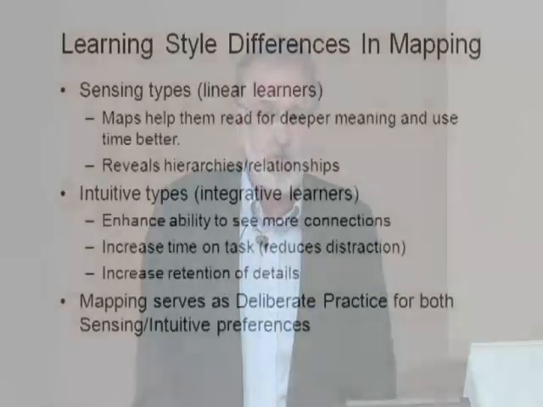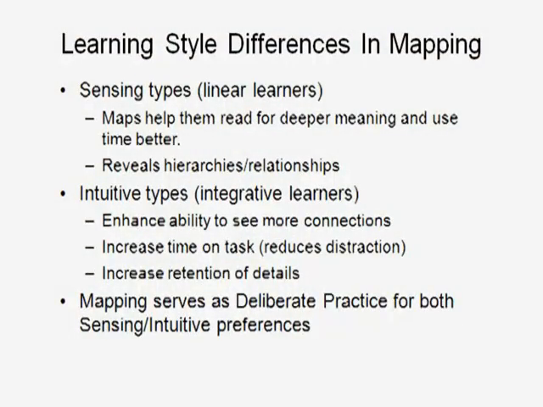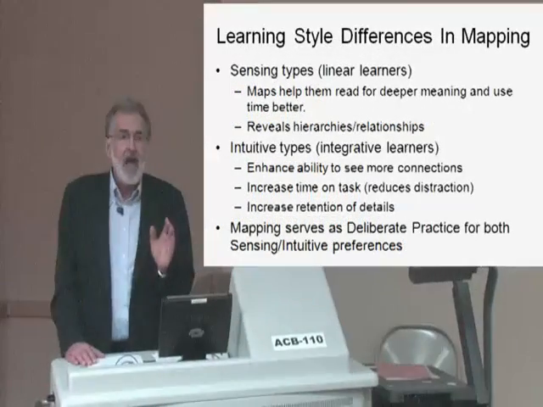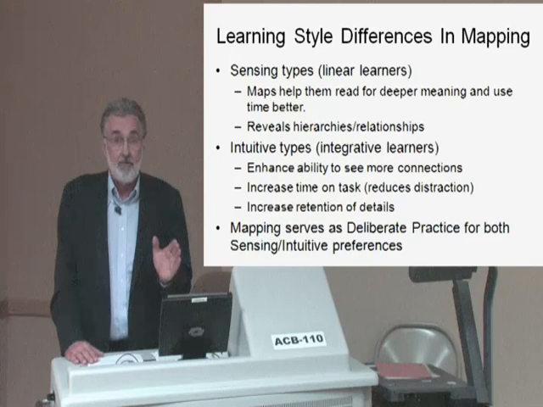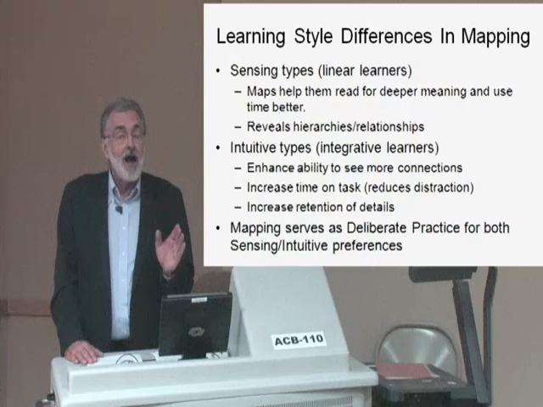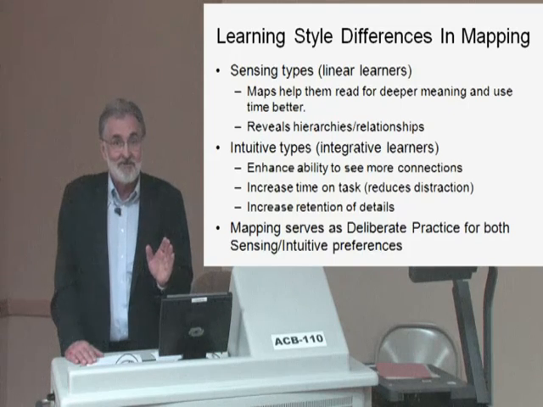What we find in mapping is that sensing type students who are linear learners find that when they have to break things out into a map, it causes them to read differently. And this is the comment that I get. They believe after a while that they read better, that they understand more and they remember more. However, this is not true at first.